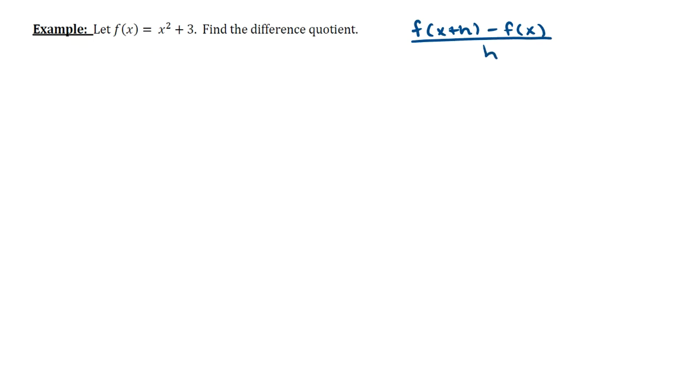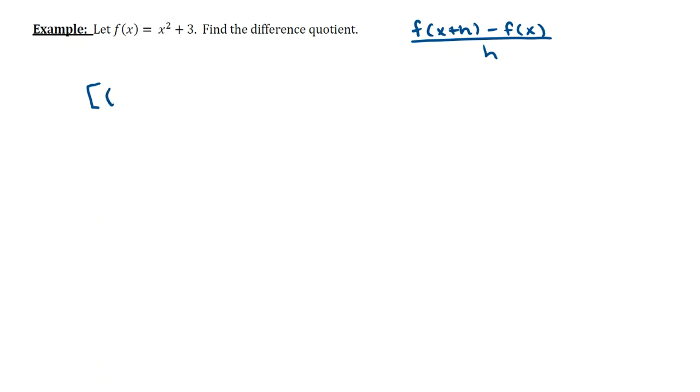Alright, let's begin with f of x plus h. What we'll have to do to start things out is plug x plus h into the variable x on the right hand side. And if there was more than just this term involving x, you would have to plug x plus h into all of the other terms as well. I'm going to open up a set of brackets to help with organization. Inside these brackets, I'm going to write out x squared plus 3, but with x plus h replacing the x.